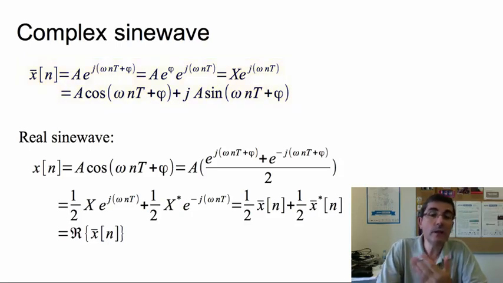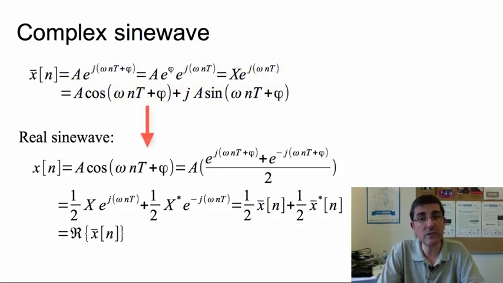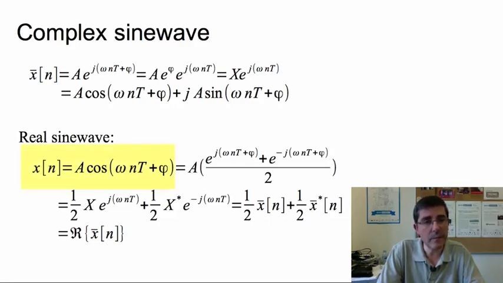We will normally be working with real signals, thus real sinusoids, and we will have to go from complex sinusoids, the ones that the Fourier transform works with, to real sinusoids. So here we see the equation of a real sinusoid that we saw before: capital A amplitude times the cosine of omega nt plus phi, which can be expressed with the sum of complex sine waves.